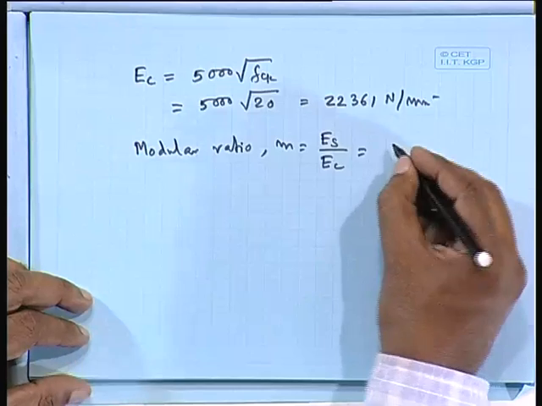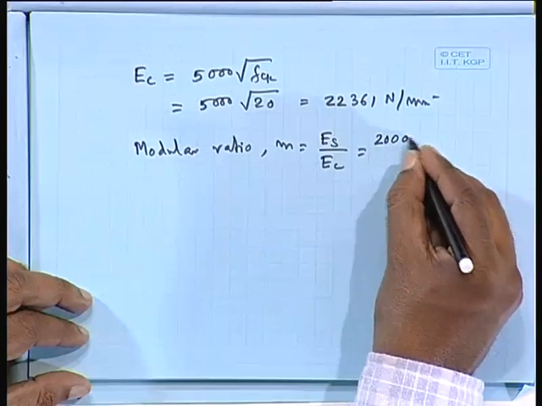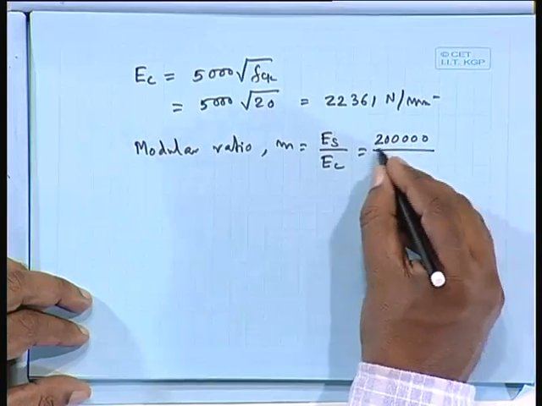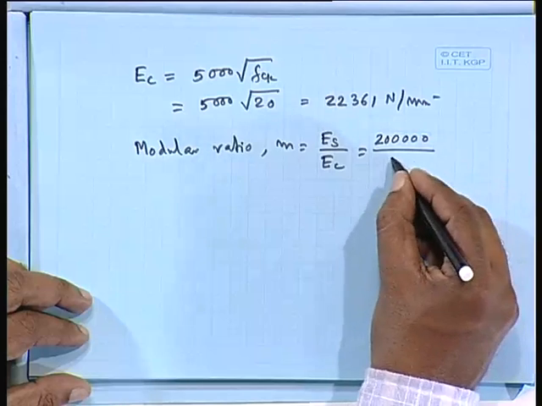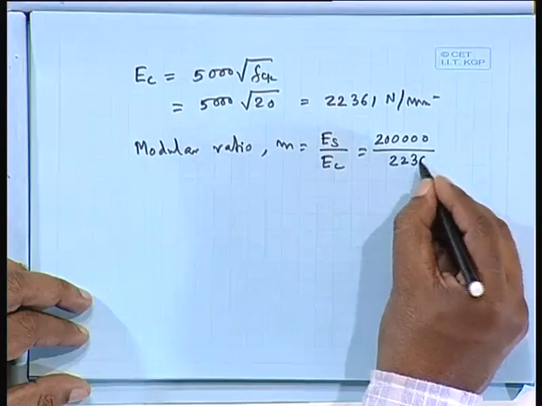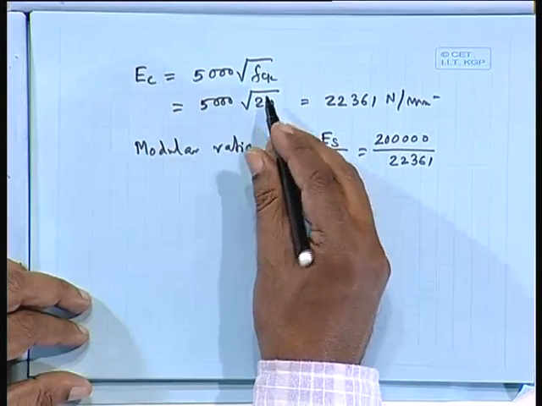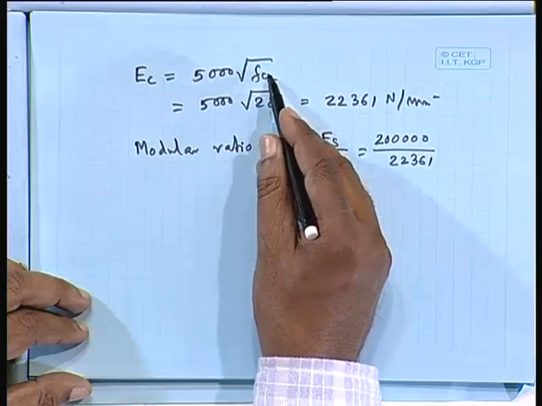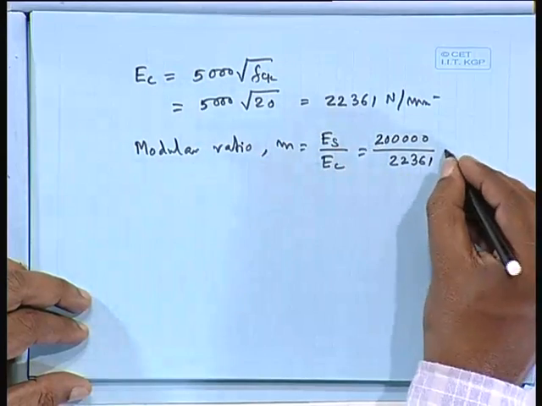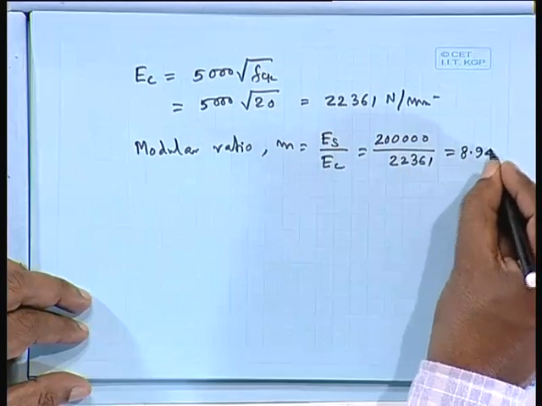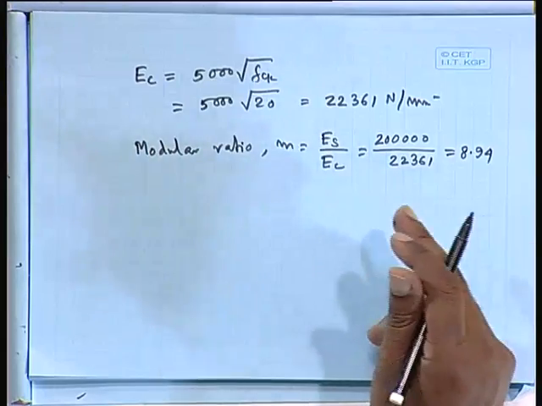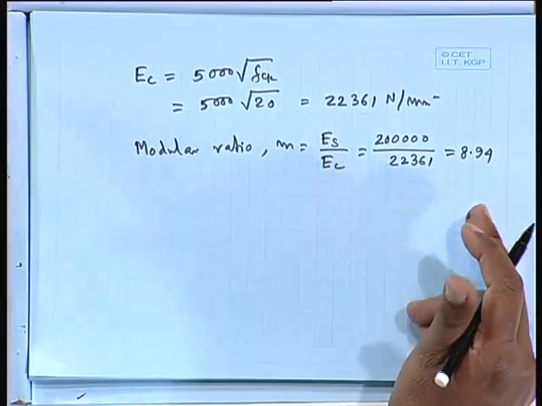For steel it is this Newton per square millimeter, and which we have got for concrete. From the characteristic strength we can find out Ec, and the modular ratio m comes at 8.94.